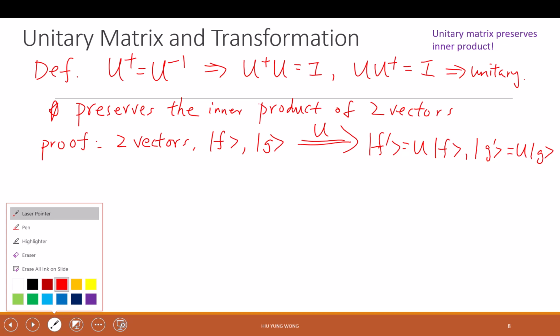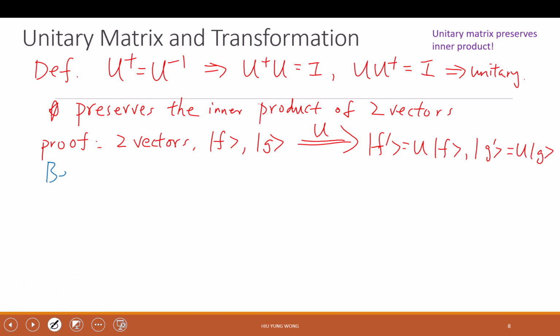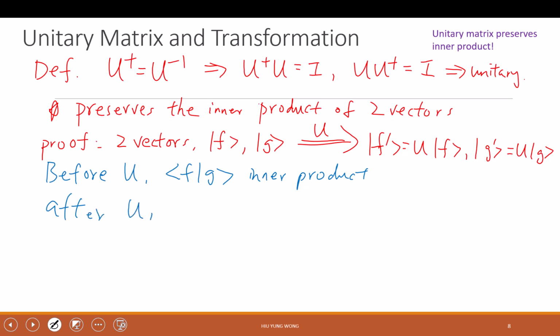So this is what we have. Before rotation, before transformation, we have the inner product, which is FG. Correct? After transformation, what is the inner product? By definition, F dash, G dash.